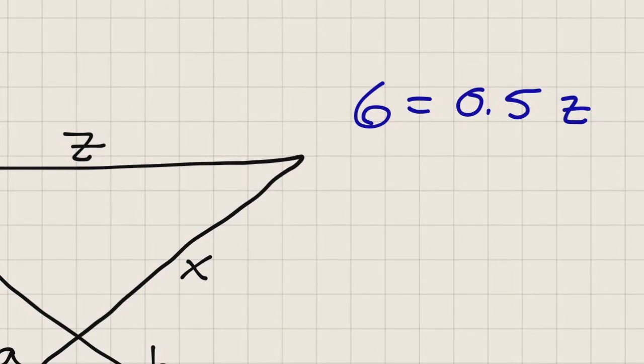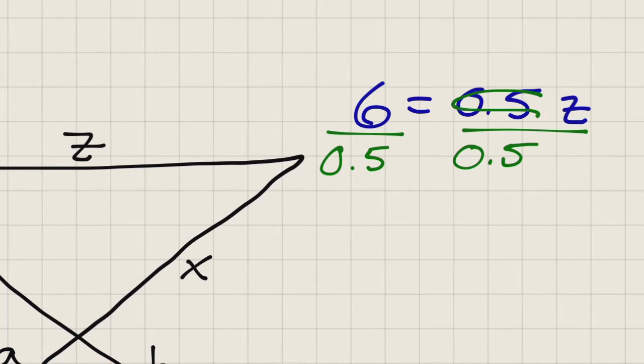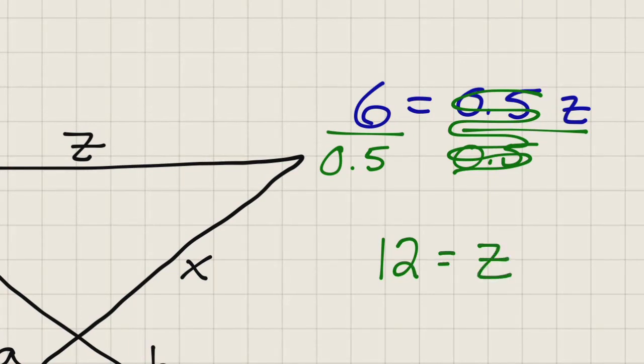Liam? You divide by 0.5. Yeah. I have to do it on both sides. And over here on the right-hand side, what's going to happen? They cancel out. And 6 divided by 1/2 is, Dylan? 12.